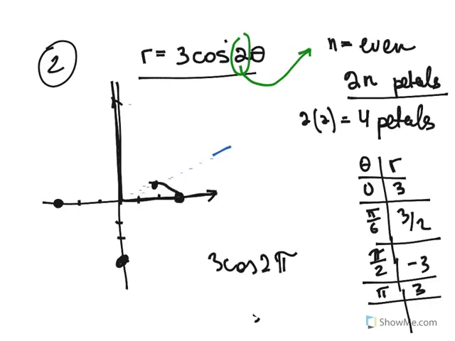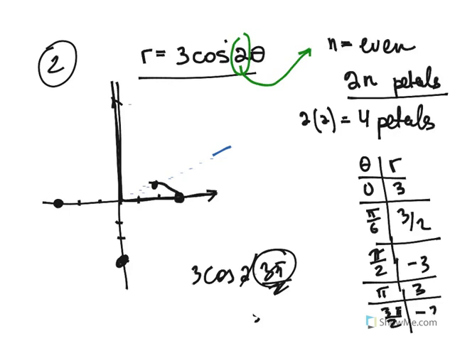Now, let's try 3 pi over 2. So 3 times cosine 2 times 3 pi over 2. So cosine of 3 pi is -1. So you get -3. I hope my calculations are right.